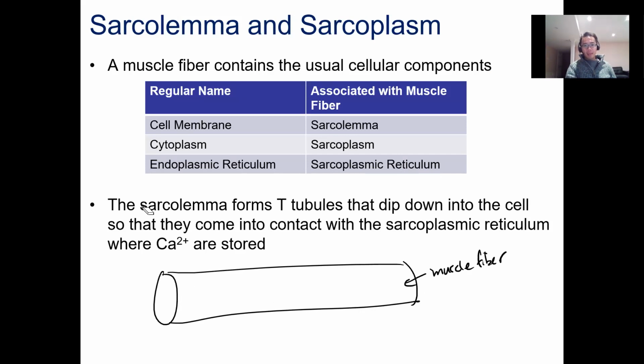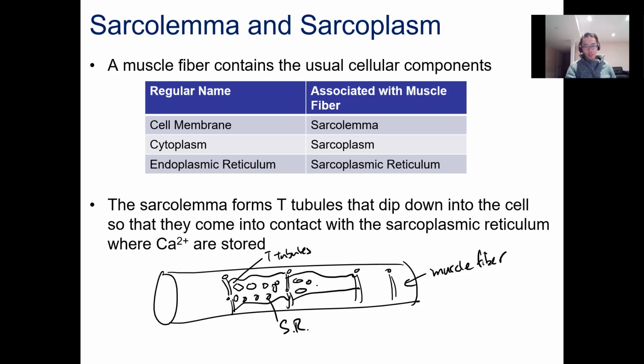And in the sarcolemma, which is the cell membrane, there are going to be little holes here and there, and the holes are going to form these T tubules that will go throughout the sarcoplasm. Connecting to the T tubules are these networks of endoplasmic reticulum, or sarcoplasmic reticulum.